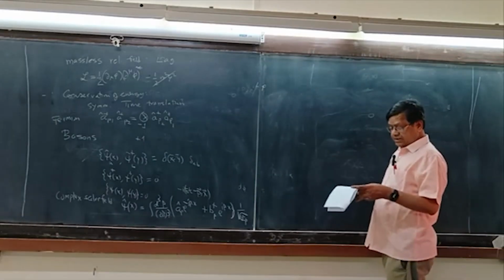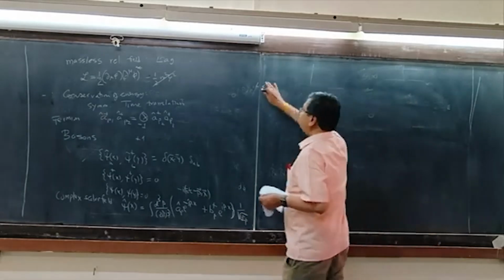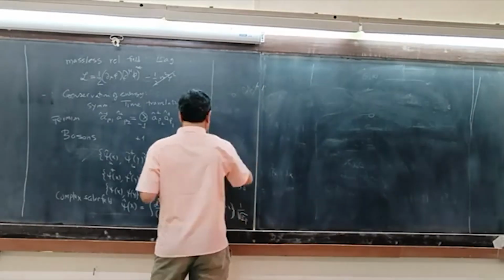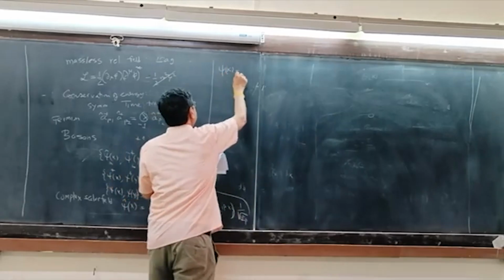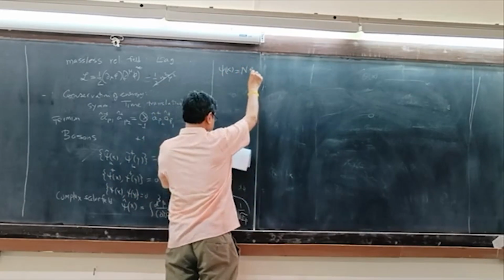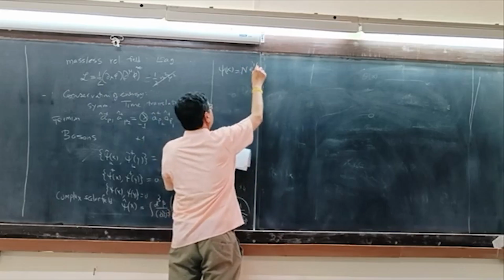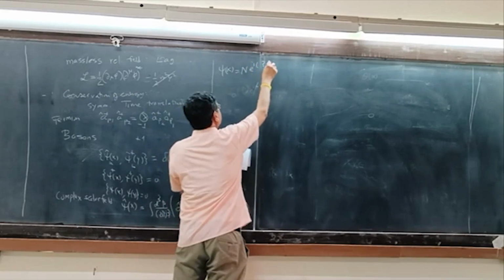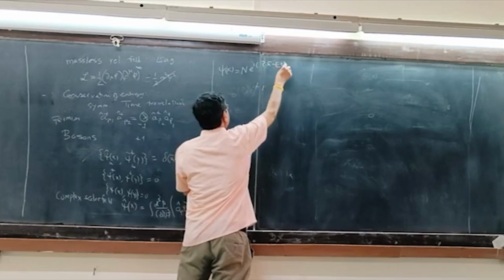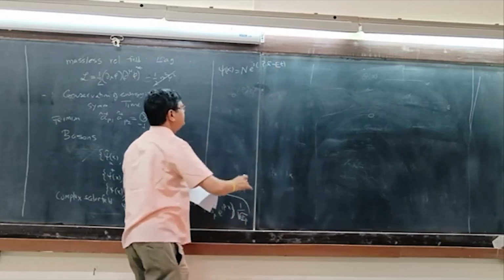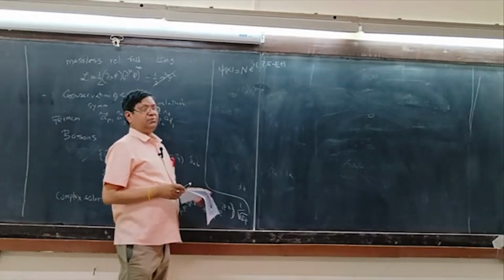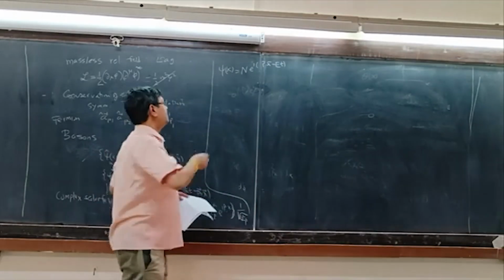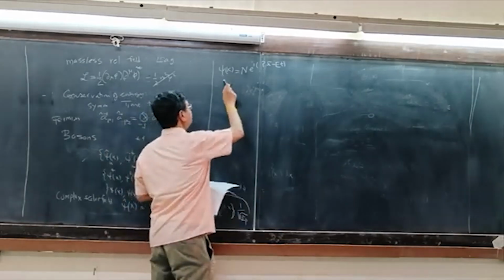Okay, now for a wave function, psi of x is N e to the power i (p dot x minus E t). If this is a wave function, then the Noether current first component, so I'm interested in J0.